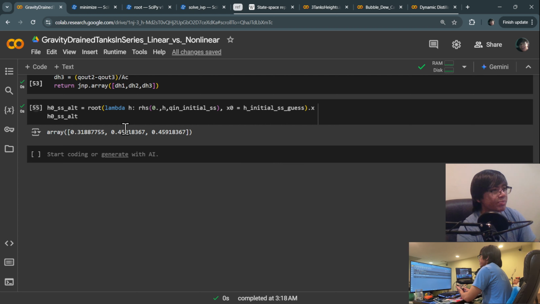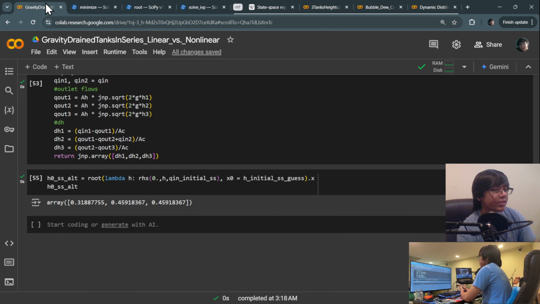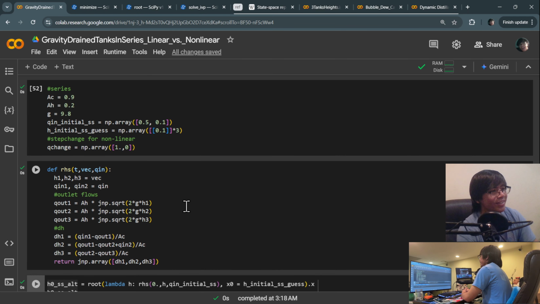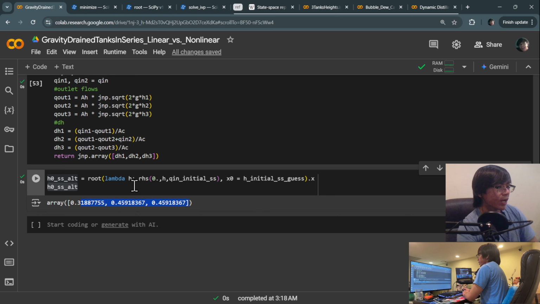So minimize is more robust. It can take a square root of 0, and it'll converge even when we had a bad initial guess. In our case, we have a good initial guess. We didn't care to try changing our initial guesses, but we'll do it with minimize. We can try putting in our bad guesses too, and it should converge to the exact same numbers here.